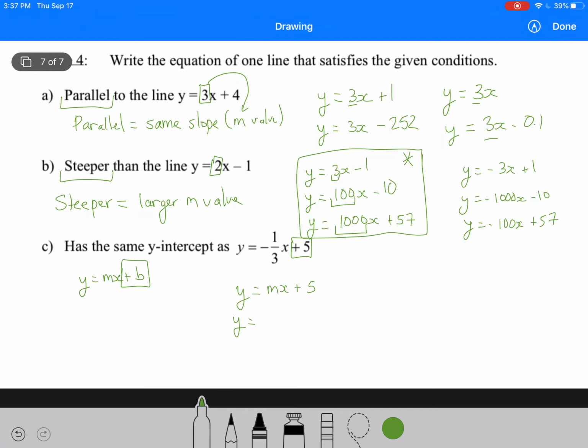So we could say y equals 2x plus 5, y equals 2/3 x plus 5. These all have the same y-intercept, or even y equals positive 1/3 x plus 5. There's an unlimited number of choices, but hopefully you're seeing how I'm getting this answer. All of these share the exact same y-intercept.